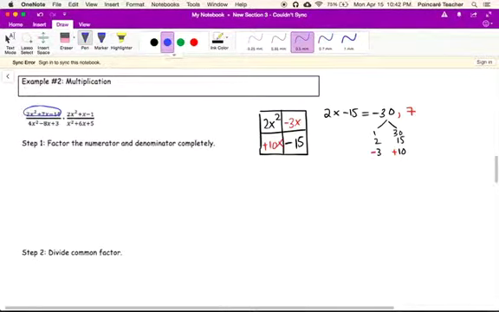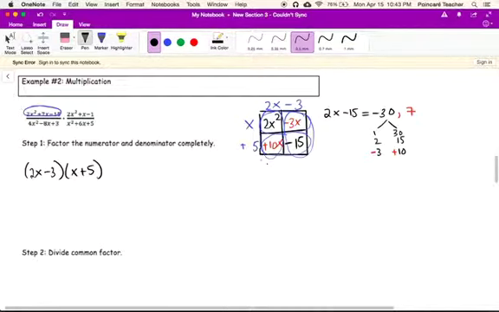I'm going to do the common factor of each row and each column. So it'll be x, this would be positive 5. In this direction, that will be 2x. In this direction, it'll be negative 3. So my numerator factors into 2x minus 3 times x plus 5.